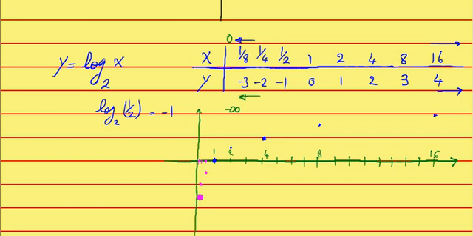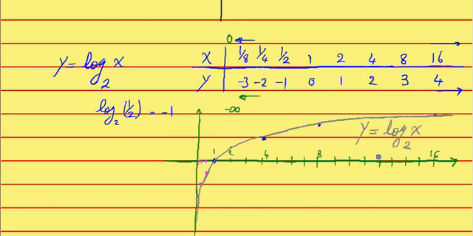An eighth, minus 3, and so on. So the curve that connects all of these points is going to look something like this. So this is a graph of y is equal to logarithm of x in base 2.